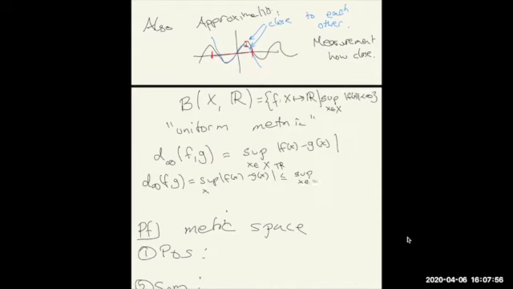So supremum over x of |f(x)| + |g(x)|. Now this is a sum of two things. They may not attain their maximum at the same point, so this is usually a strict less than or equal to. But an upper bound for this thing is if we first maximize f and then separately maximize g.